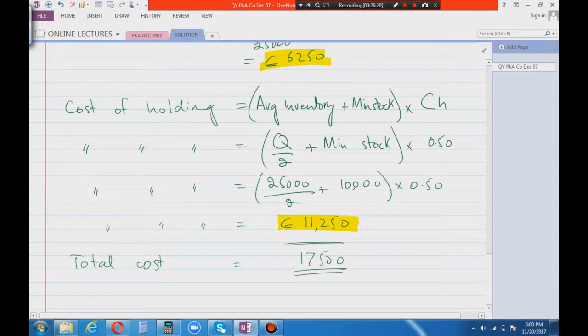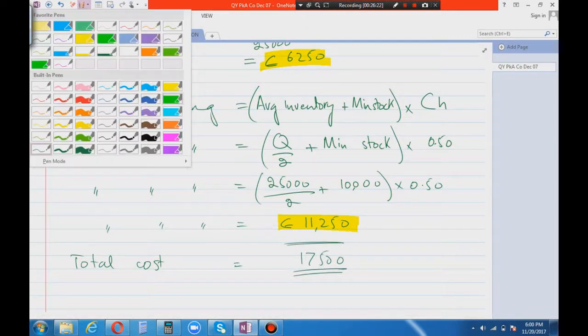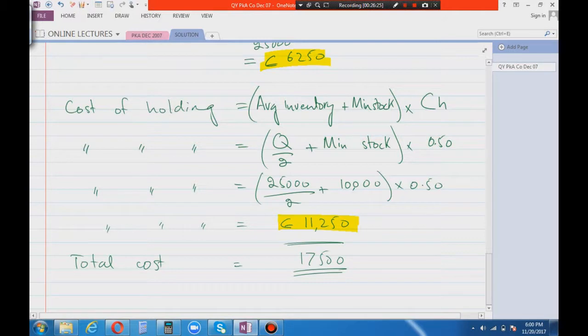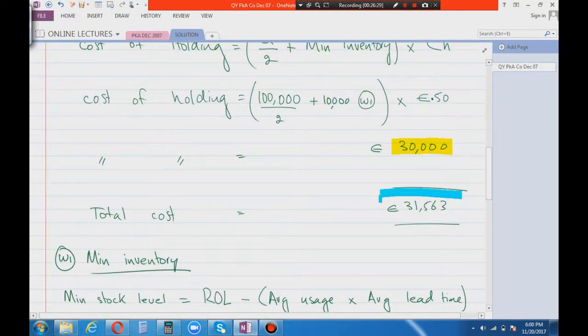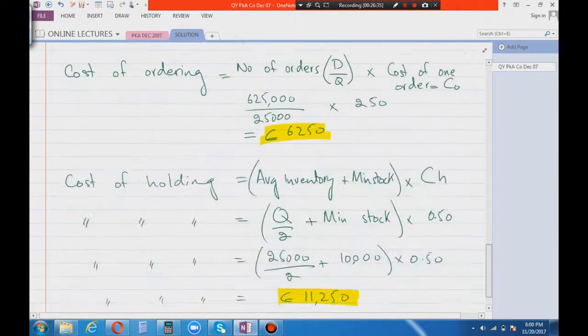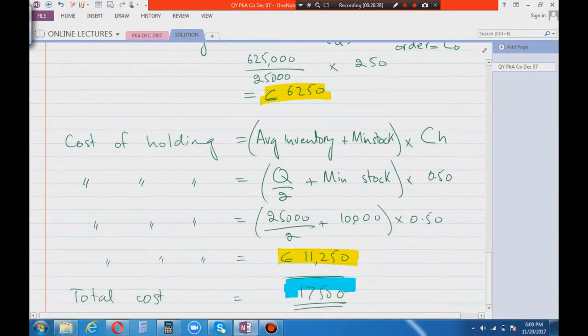Our previous policy, or our current policy, will cost us 31,563, and economic order quantity would cost us 17,500.